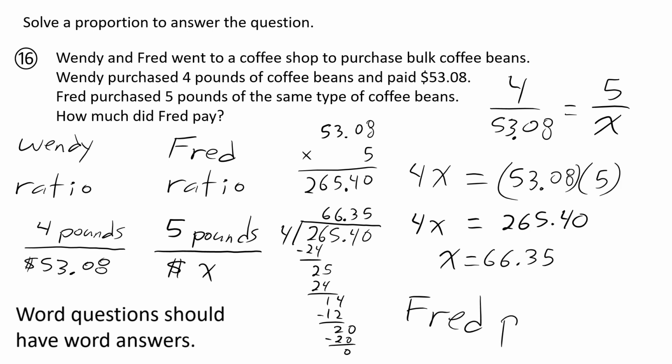Fred paid $66.35. All right. You don't have to have a huge long sentence for your answer, but we got to have some words, right? Word questions need to have word answers. Fred paid $66.35.